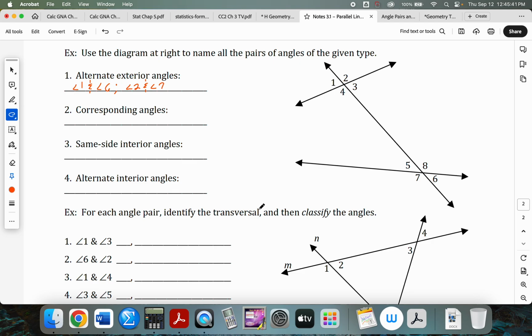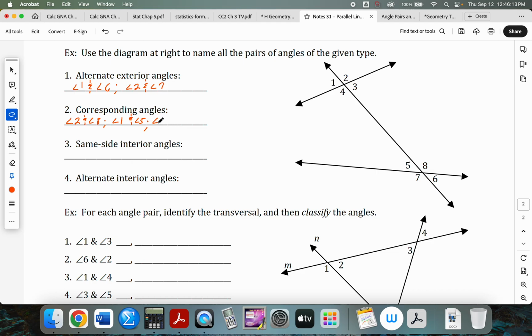All right, let's do corresponding angles. Remember, corresponding angles are angles that are in the same location. Yes, Addie. 2 and 8. Absolutely. Yes, Abby. 1 and 5. Yep, angle 1 and angle 5. Christina? 3 and 6.